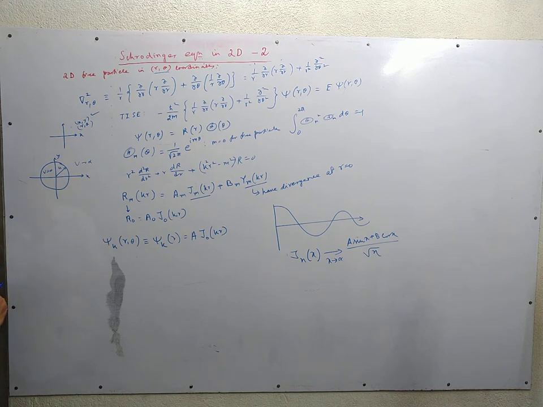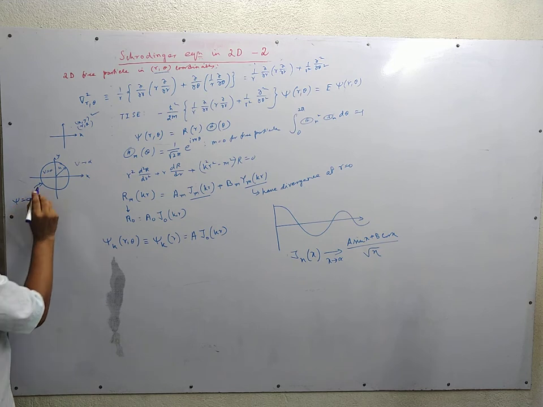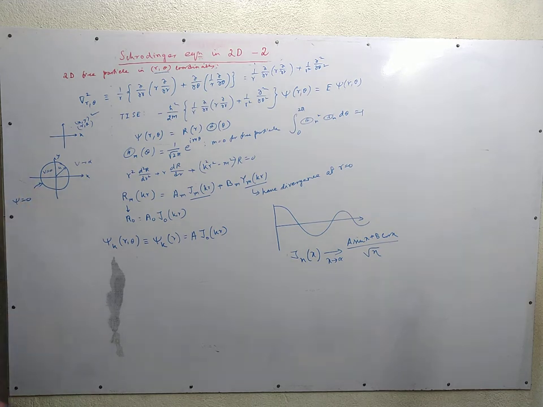So the bound state. In this case, we see that the particle wave function will be non-zero within the well, and psi has to be zero outside as well as on the rim of the well.